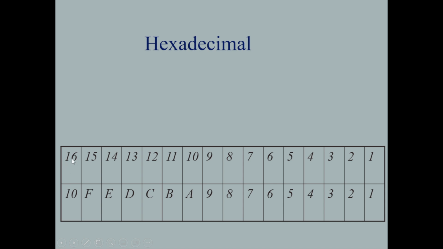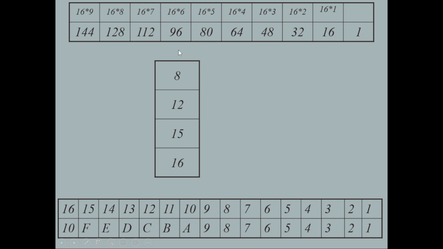So 16 in decimal is 10 in hex. One group of 16, 0 left over. So 8 in decimal is 8 in hex, right? 12 in decimal, if we go down here, 12 is C in hex. 15 is F. 16 is 1, 0, or 10.